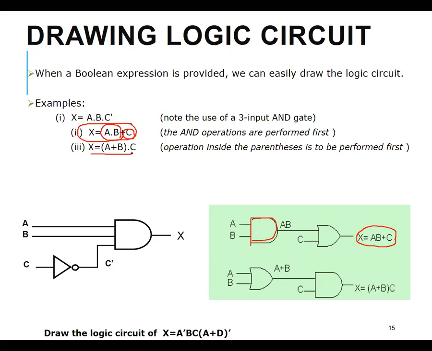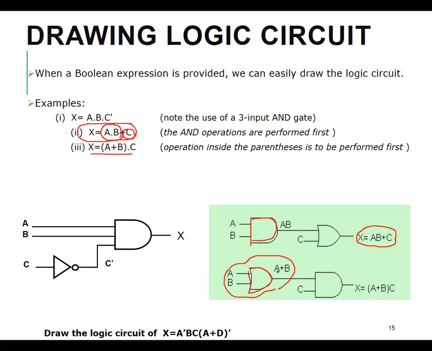In the third expression, representing that on the right-hand side, you can see ORing of A and B, and dot C. Here you get ORing of A and B, so you can use an OR gate for that purpose.